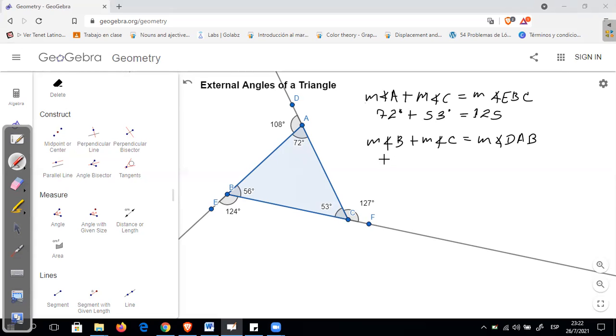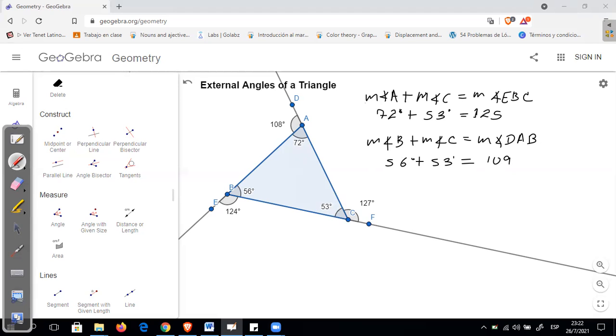The measure of the angle B is 56 plus the measure of the angle C that is 53, and 6 plus 3 is 9, and 5 plus 5 is 100.